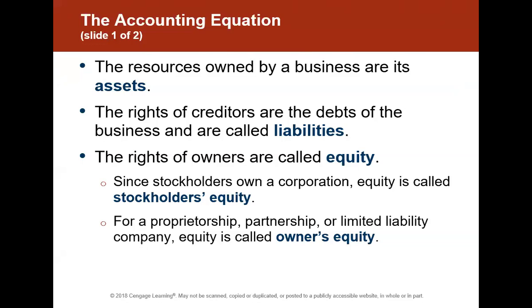If you have two parts, you can always find the third. Okay. If I know liabilities and equity, I can add them together to get assets. If I know assets and liabilities, I can subtract to get equity. And same with liabilities. Okay. Any questions on that so far?